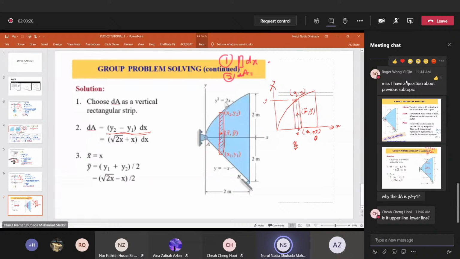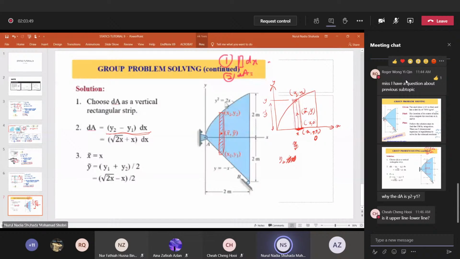Actually, this shape also has x and y, and it also has y2 minus y1. But because the lower limit here, the y value is 0, so that would be y2 minus 0. That's why we ignore the 0 value. We directly take the total length here, the y.